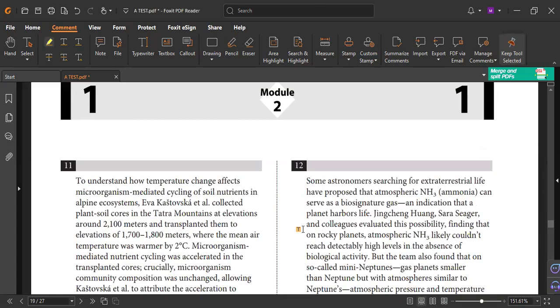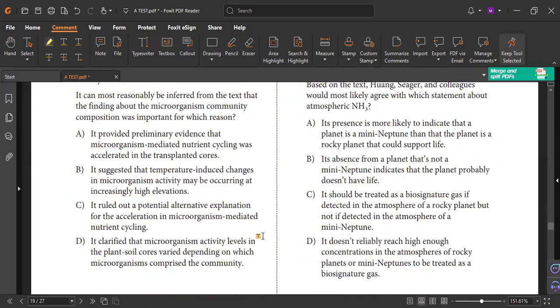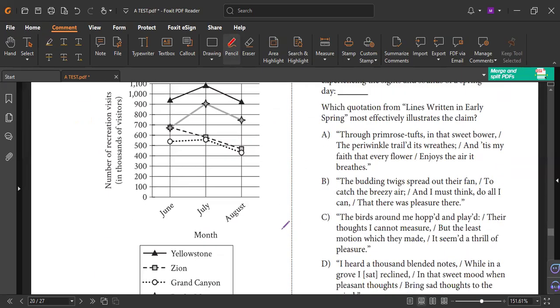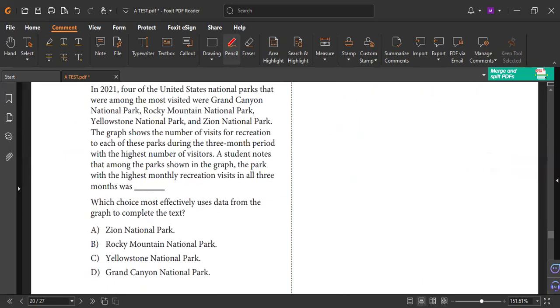Number 11, it's C. Number 11, you made it C, correct. Yes. Number 12, it's C. Sorry, number 12 is C, okay. Number 13, C. 13, we did it C, okay.